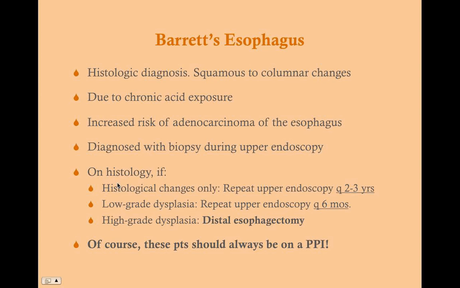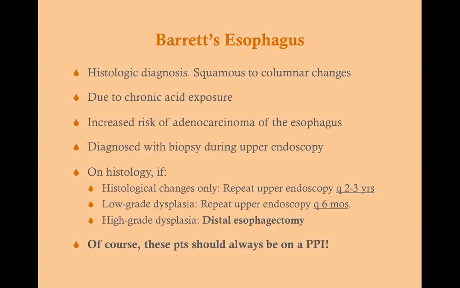The histology is going to dictate how you treat the patient. If you've ever worked with a gastroenterologist, they do have to pay attention to the histology. They might not have to look at the cells, but they have to know what the histology means as far as treating the patient. When you get the biopsy back on a patient who you think has Barrett's esophagus, if you just have squamous to columnar changes, yes, the patient has Barrett's esophagus, but you only have to repeat the upper endoscopy in 2 to 3 years.